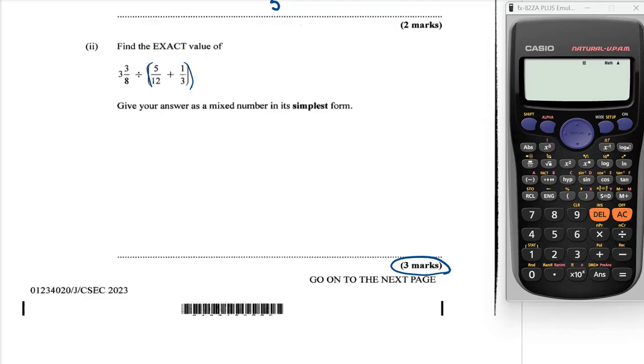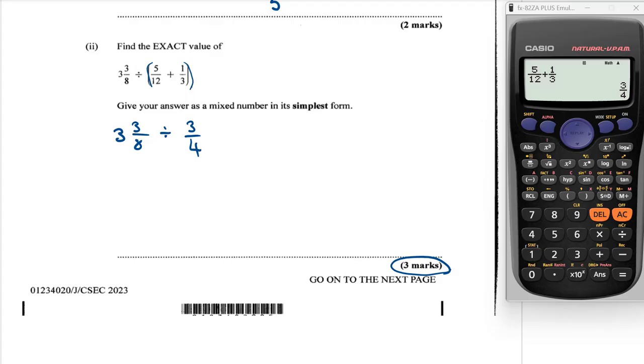Let us enter in our calculator first: 5 over 12 plus 1 over 3. That gives us 3 over 4. So this becomes 3 3/8 divided by 3 over 4.